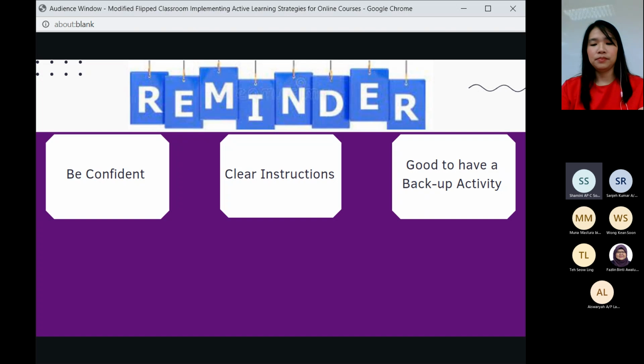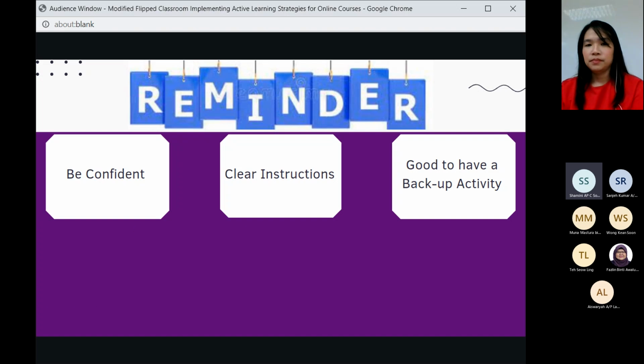Students were not well prepared earlier, they played around, and they don't know how to explain. It's okay. You can cut that short and move to another activity that might help the understanding of the topic. So it's always good to have a backup activity in your planning.